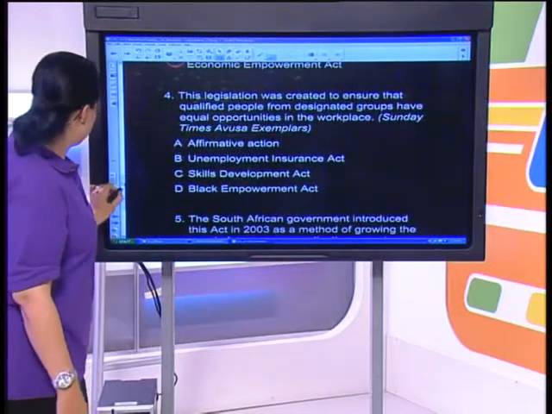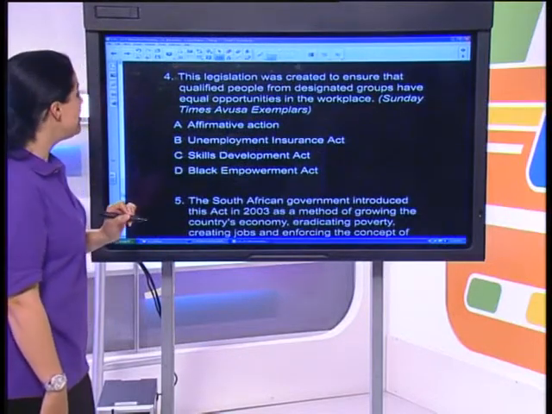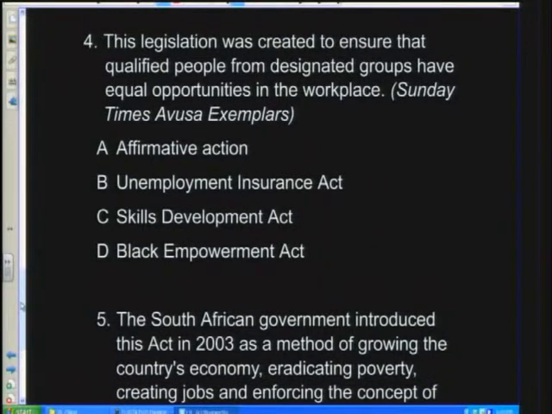All right. This legislation was created to ensure that qualified people from designated groups have equal opportunities in the workplace. Very important here. There's a little key word for you guys. Equal opportunities. Let's see what it says here. What do you guys think about affirmative action? Now, there's another key here.